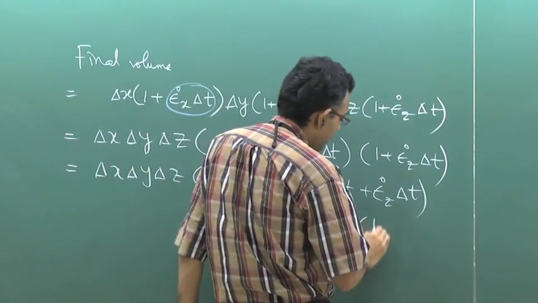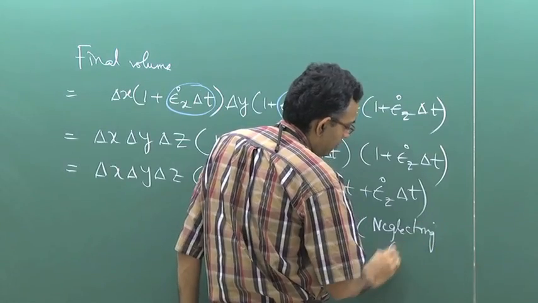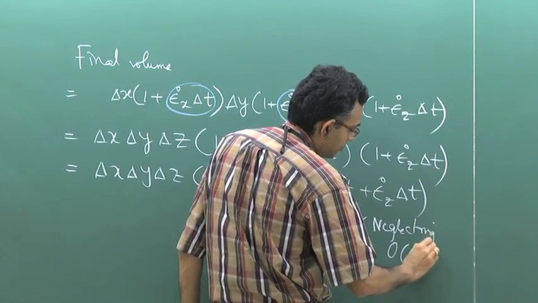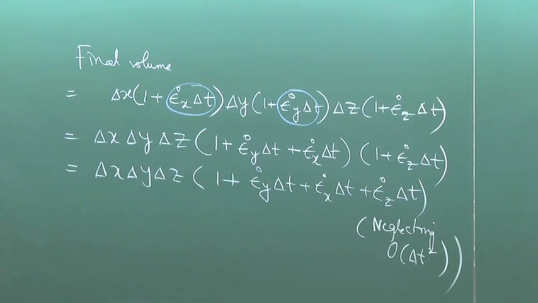So, all these are neglecting terms of the order of delta t square. Okay.